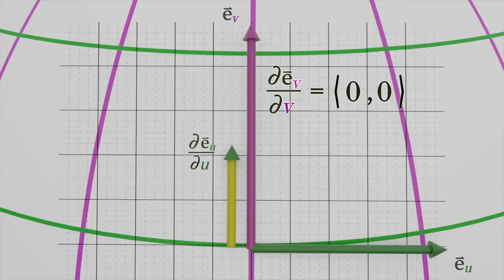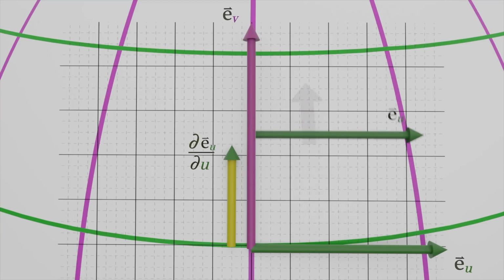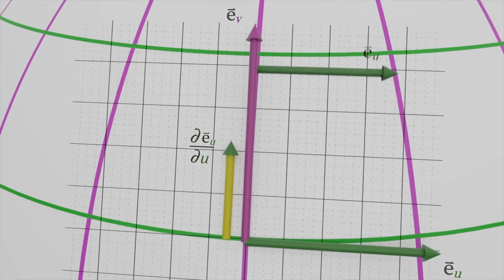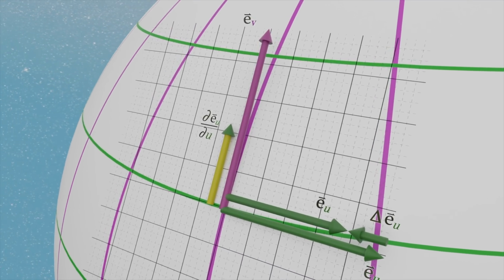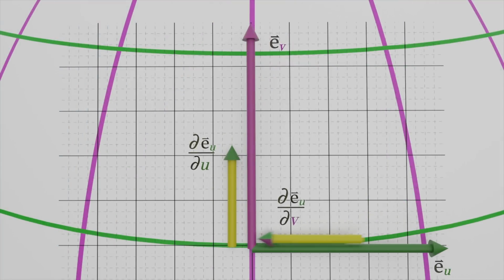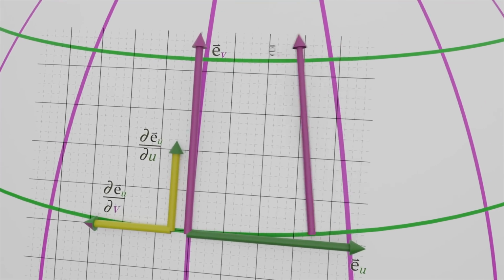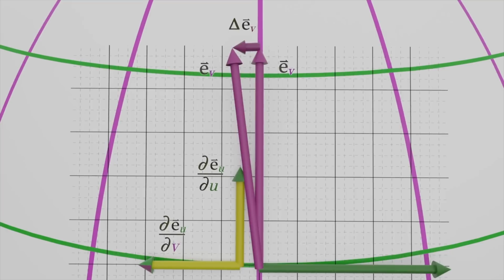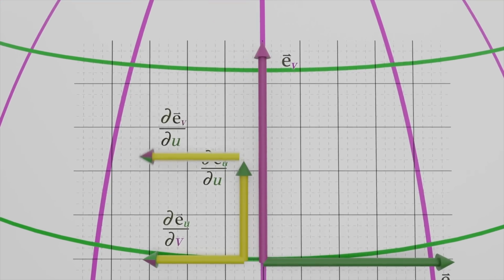Next, to find dEU dv, we need to compare the EU basis vector with its neighbor in the v direction. Doing this leads to a change that lies entirely in the tangential plane. Lastly, we need to compare the v basis vector with its neighbor in the u direction to find dEV du. Doing this yields the same vector as dEU dv.